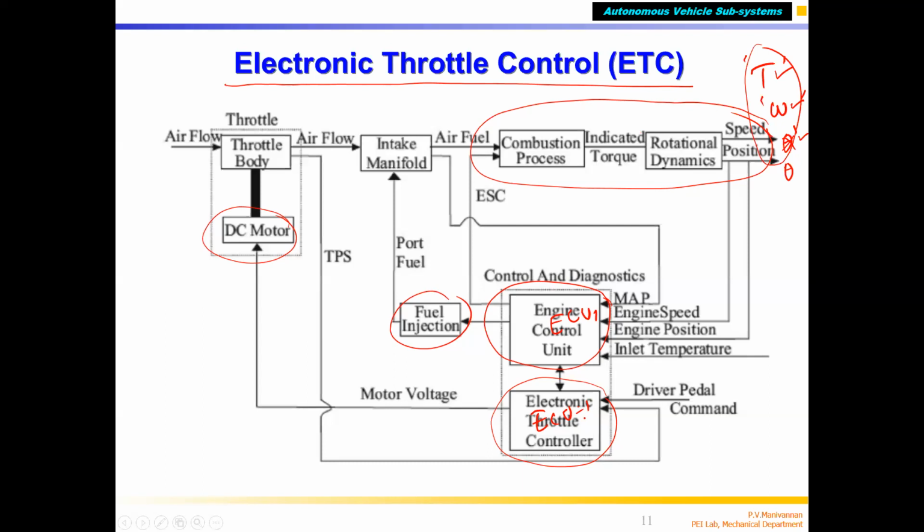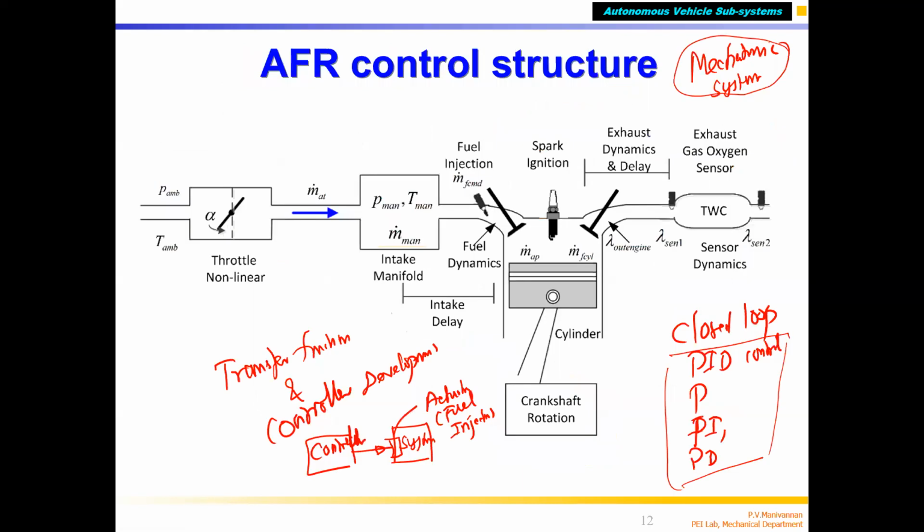But now, the mechatronic way means you don't build the system first. First make a model of the whole system, correct? And what is the model? Mathematical equations. These equations should be converted into a computer program.